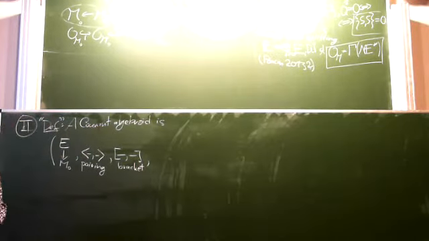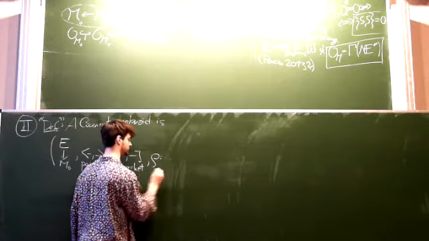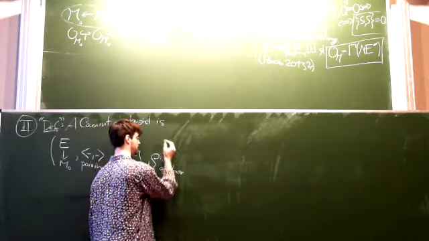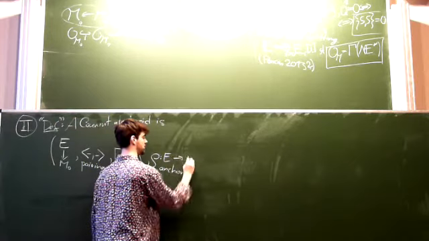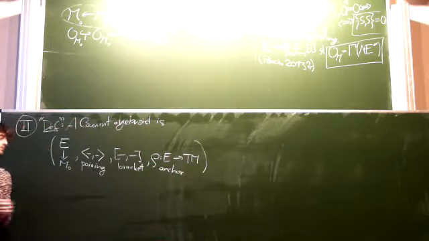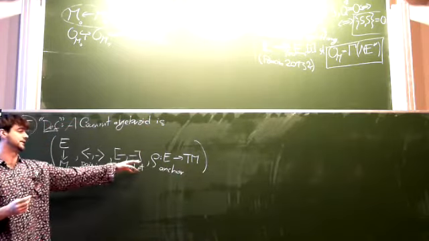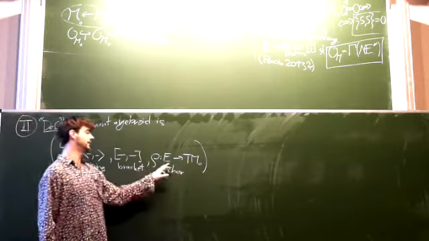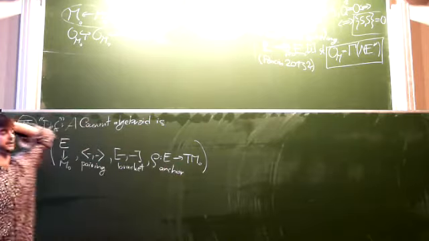And the first part of the data is the anchor, which is a bundle map from E to TM, which enables us in a way to take derivatives of functions on M in the directions of the sections of E in some sense.